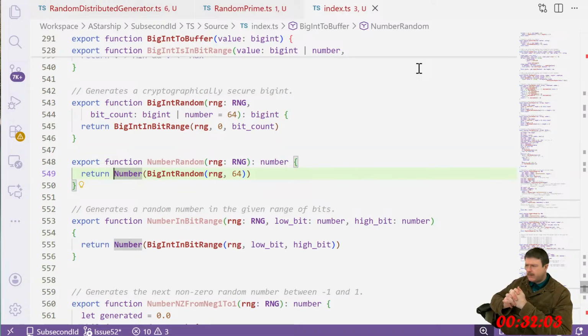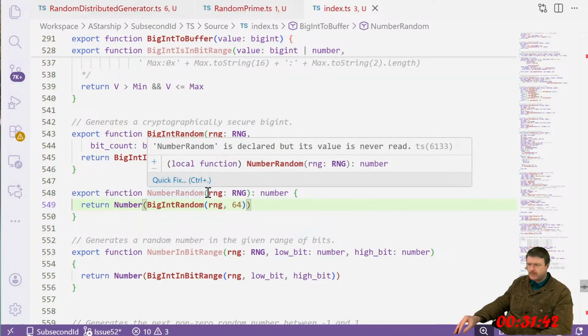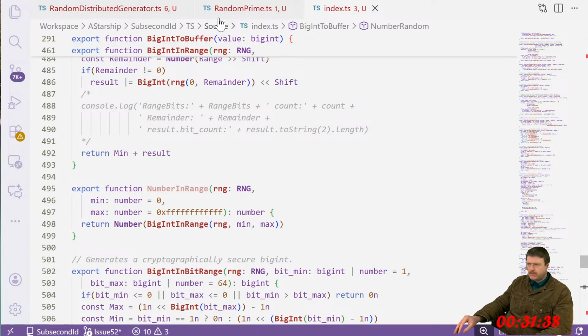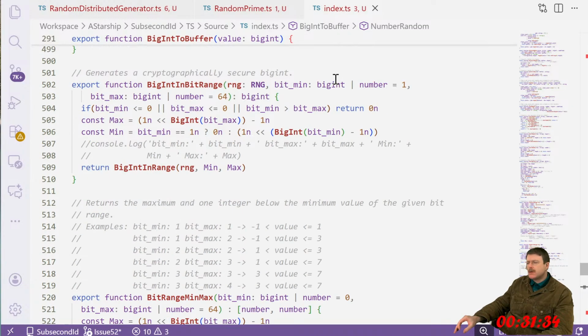Okay, so wouldn't I just need to, hold on, it can't be 0.